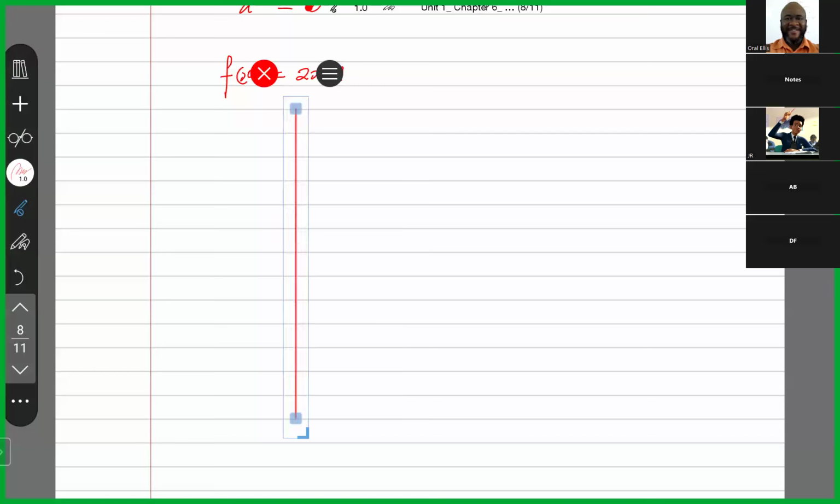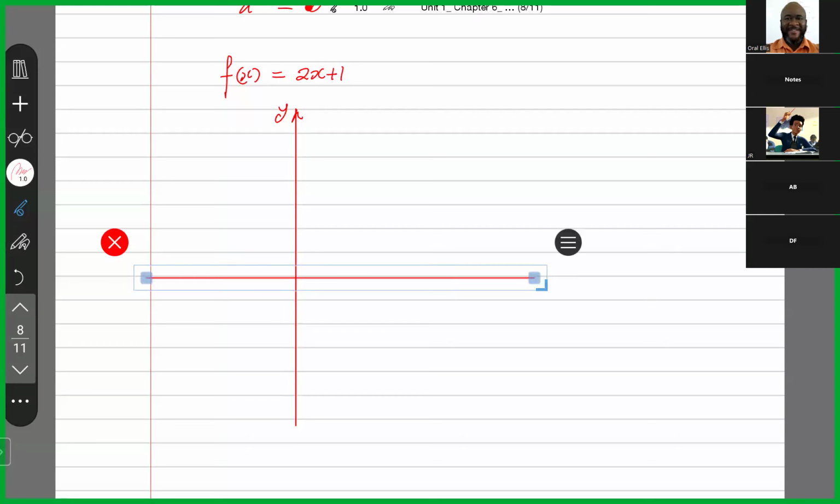So this is my y-axis and then my x-axis. Everybody should remember that f of x is equal to 2x plus 1 is a linear function, and that the graph of a linear function is a straight line.